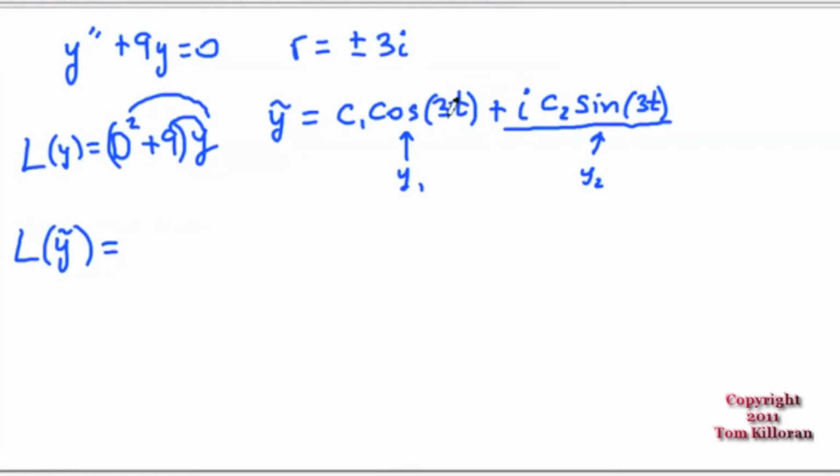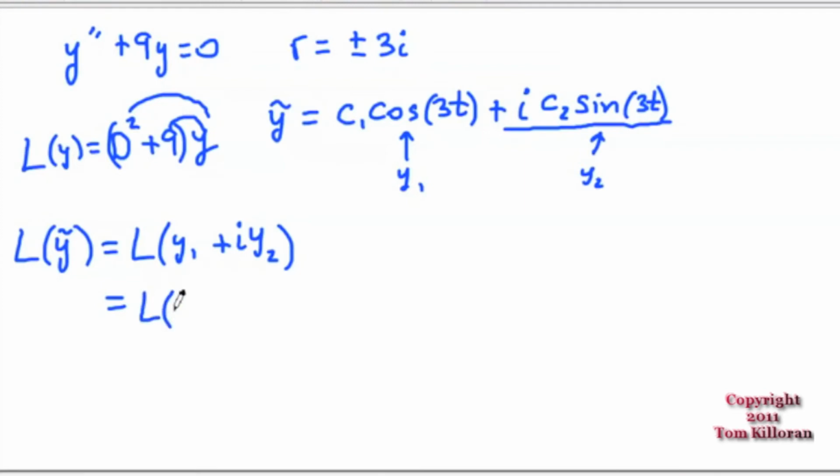and we'll just call this whole thing c1 cosine of 3t y1. We're going to have a linear operator on y1 plus y2. And then there's that I in there, so it would be I, y2. Let's keep that I separate. Well, if it's a linear operator, you can separate it over a sum.